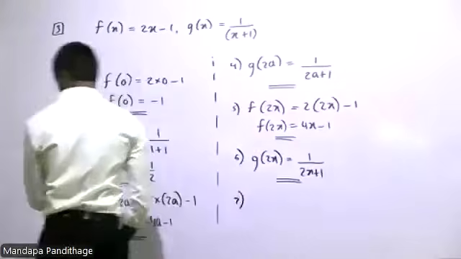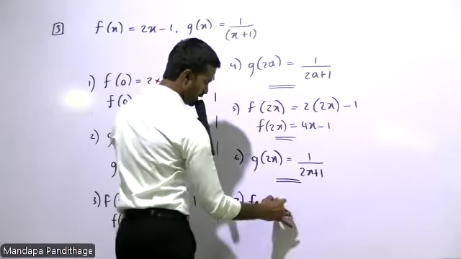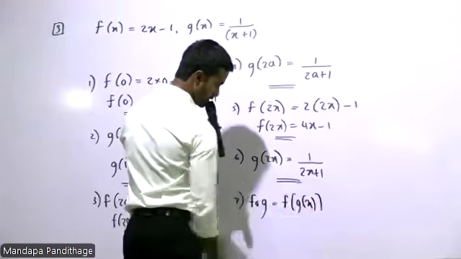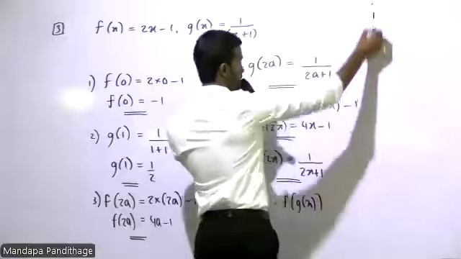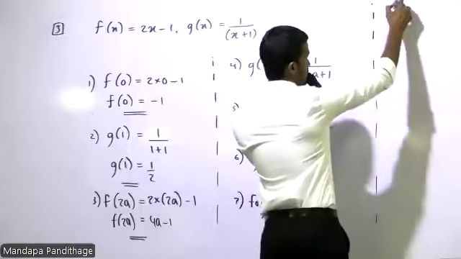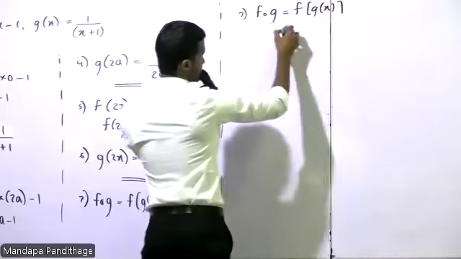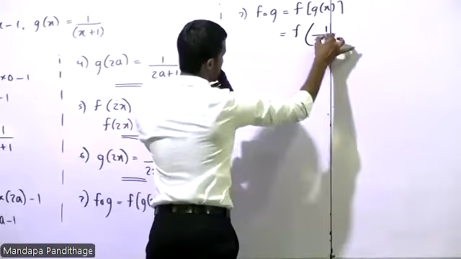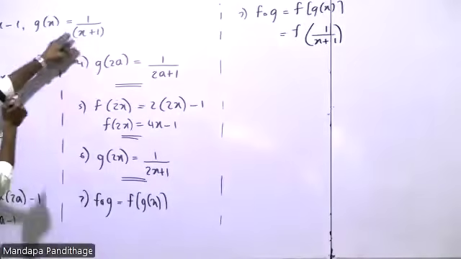Okay, question number 7 is f naught g. Here's the first composite function. So f naught g is fgx, no? I'll do the composite function here. So what is gx? It's 1 over x plus 1.